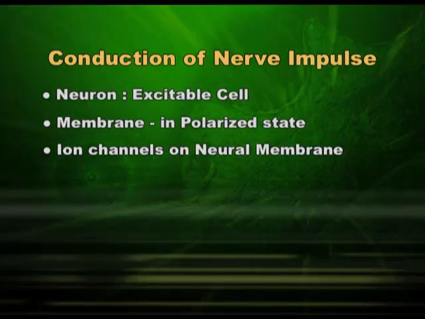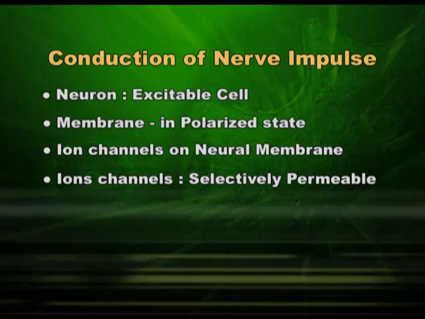So, coming back to conduction, the nerve cell membrane has ion channels which are present on the neural membrane. Ion channels will allow movement of ions, but it is selectively permeable.